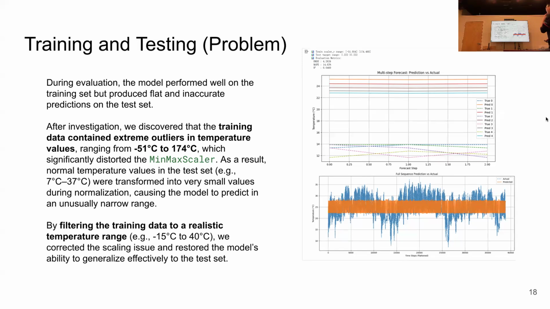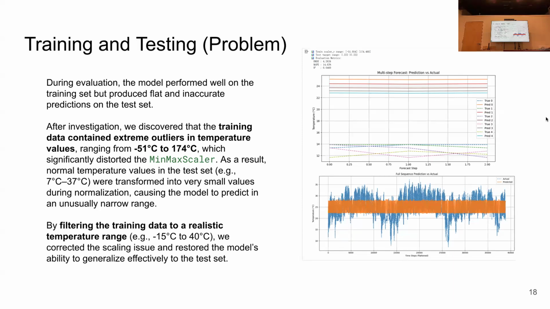That is very ridiculous. As a result, the normal temperature values in the test set were transformed into very small values during normalization, causing the model to predict in an unusually narrow range.